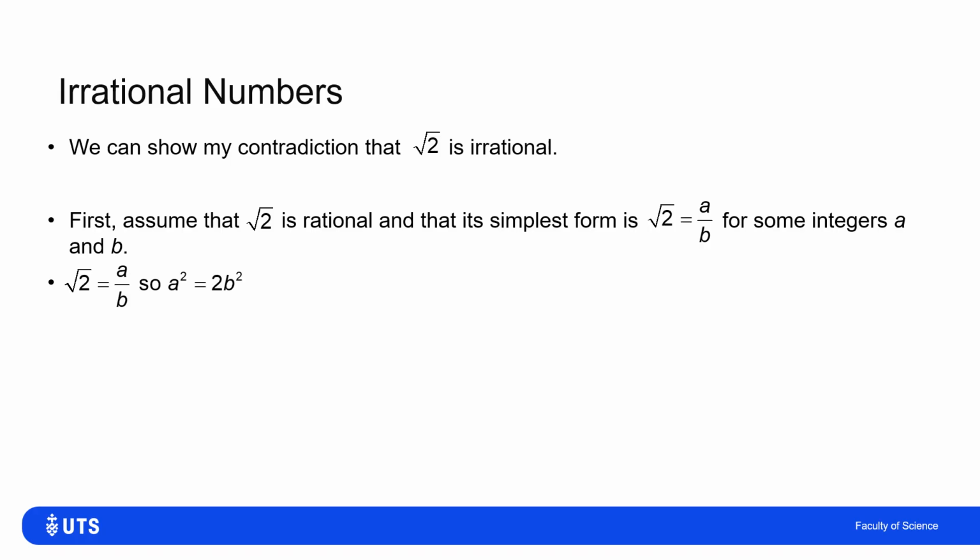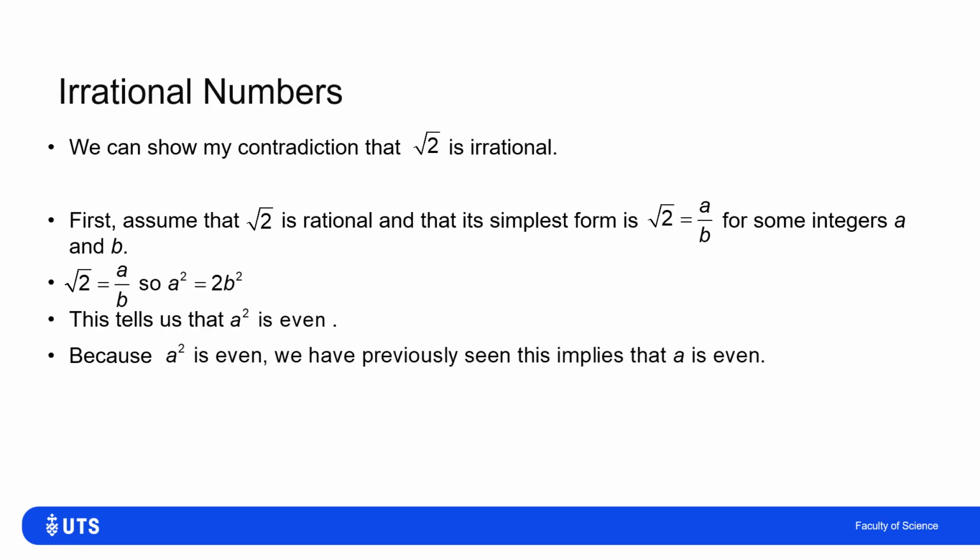Well, if the square root of 2 is a over b, then a squared is equal to 2b squared. Well, if a squared is 2b squared, then 2 times an integer must be even, so a squared is even. We've already seen that if a squared is even, a must be even. And if a is even, there exists another integer c such that a is twice as big as c: a equals 2c.